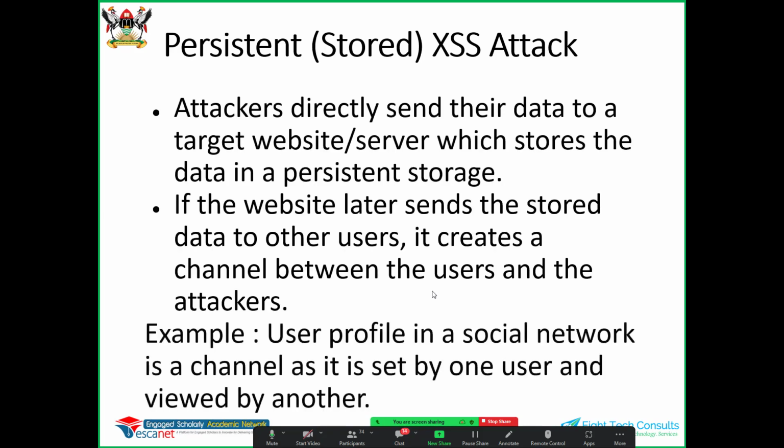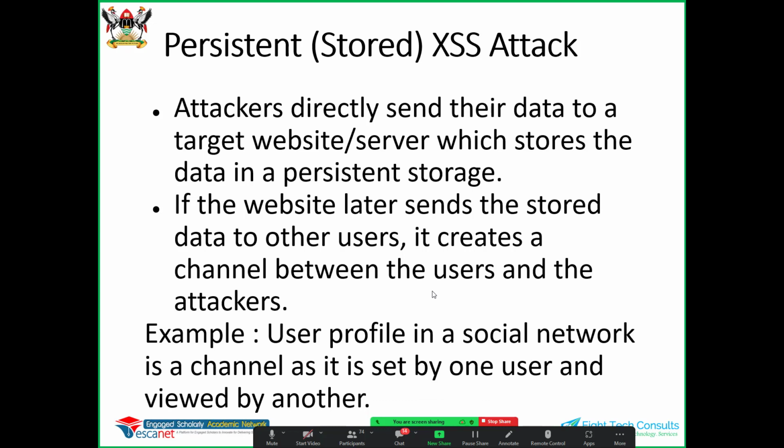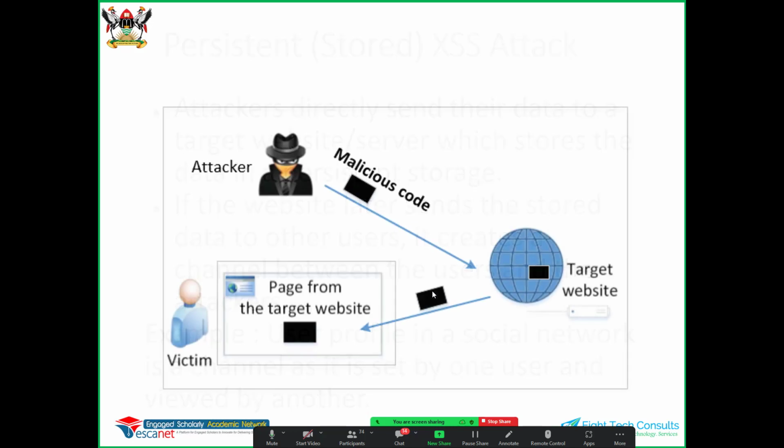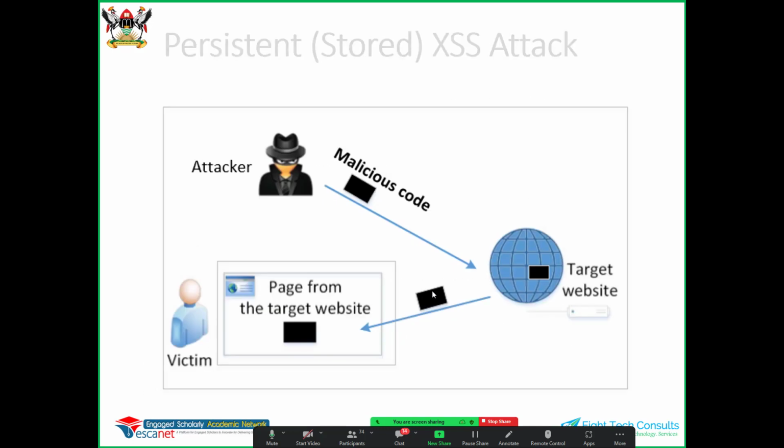So the person, instead of targeting the link, just targets the website, I mean the server. If the website later sends the stored data to other users, it creates a channel between the user and the attacker, as I've already explained.